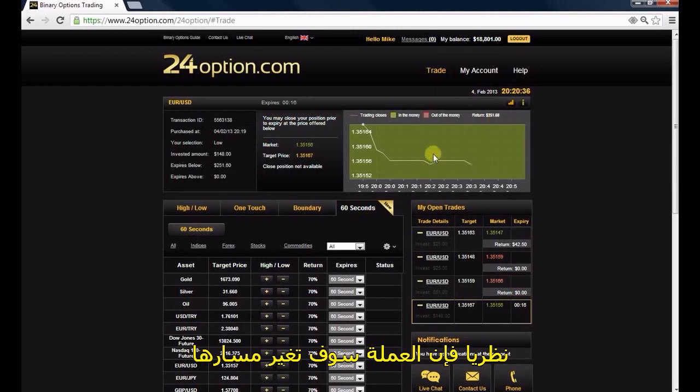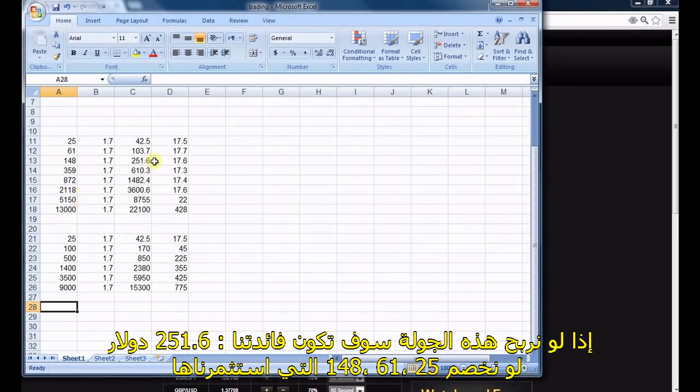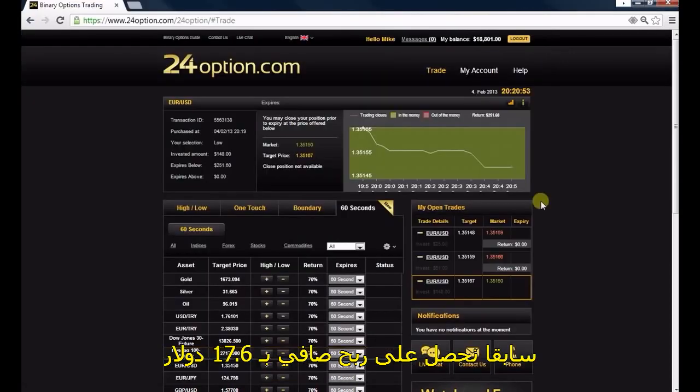It looks like we caught that here at the 148. As you can see nicely, $148 is a return of $251. However, we invested $61 and $25 previously, and you have to take that into account. So we're going to have $17 profit here.